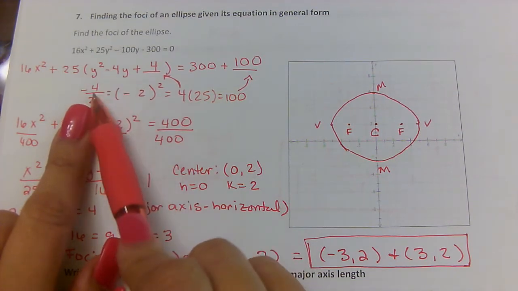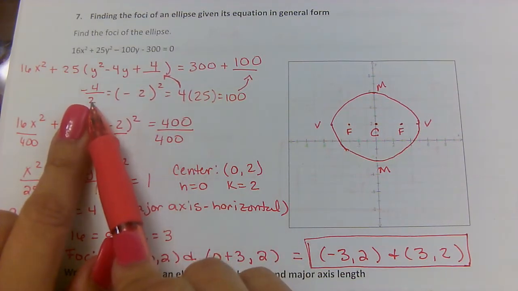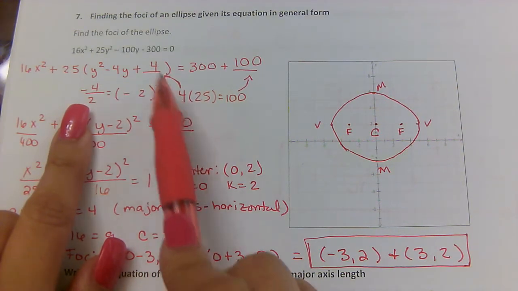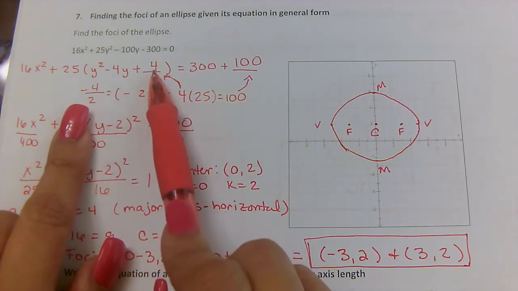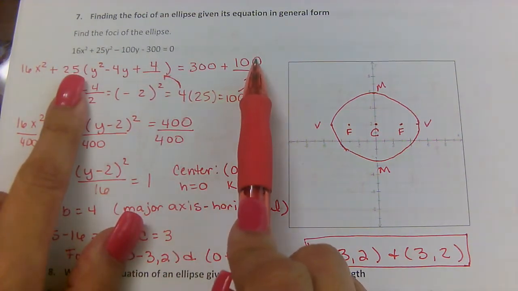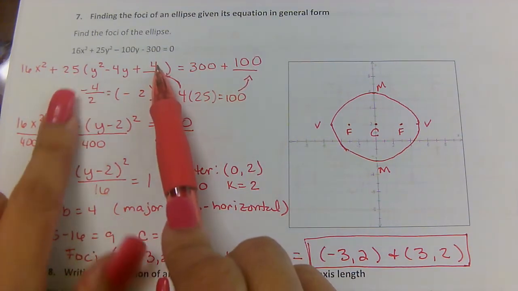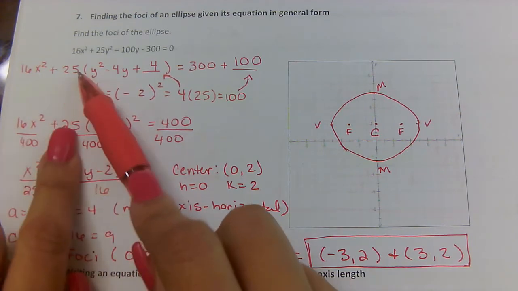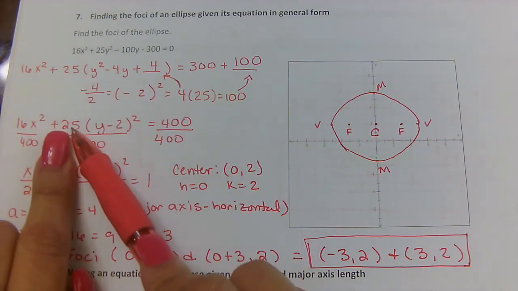Negative 4, the middle term, divided by 2 gets me negative 2. When I square it, I get a 4. That goes in this blank over here. But remember, we have a 25 out here, so 4 times 25 is 100, which goes on the other side. Then I go ahead and factor it. The 16x squared just comes straight down, and then I have a 25 here.